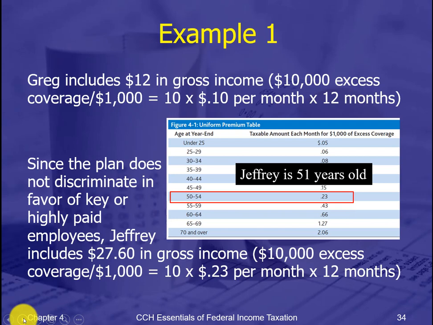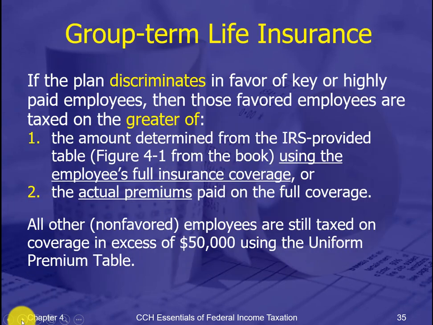Jeff is 51, so the only thing we do differently is go down to a different line and include more because his is more valuable. So his is 23 cents per month times 12 times 10, because of the 10,000 over the 50.